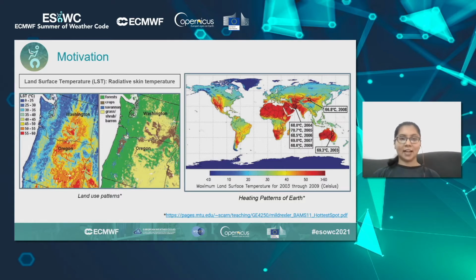The answer to that lies in recent research, which suggests that LST is heavily correlated with several other important physical phenomena, including land use patterns and heating patterns of the earth. And so if we have a model that can accurately predict land surface temperature, that would also provide us valuable insights on these phenomena. And I'm sure most of us would love to see that.